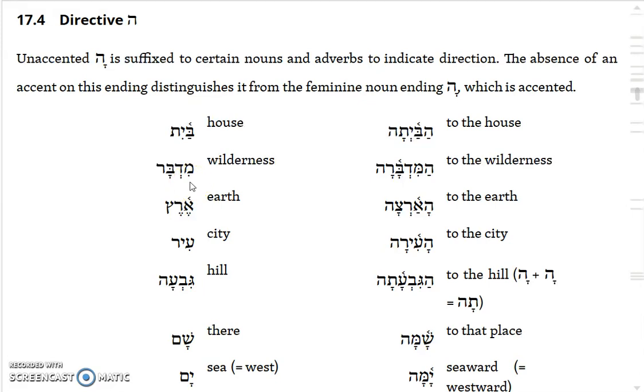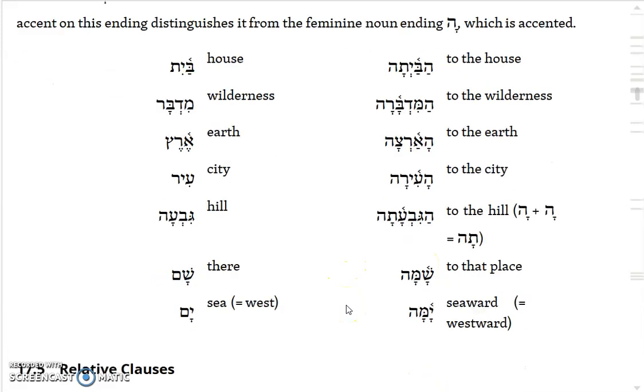Or take midbar, wilderness, where you can have hamidbara. Hamidbara would be towards the wilderness. Eretz is earth, but then you can have ha'artsa, towards the earth, or towards the land would be another meaning of it. And city, ir, becomes ha'ira, towards the city or to the city, and so on and so forth for all these other forms.